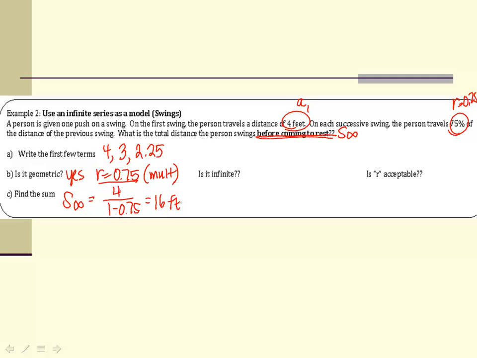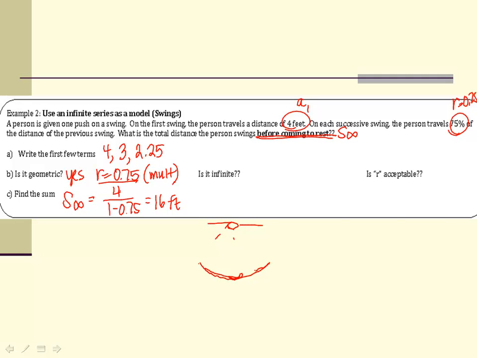Now, let's talk about the idea of why it's an infinite sum. I want to talk about it in terms of a picture. If you're looking at this swing, and let me give you this sideways view, here's where it's hooked to the top of your swing set, right? So your swing may start here. Well, as it swings, it's going to swing out this way, and then it's going to swing back.